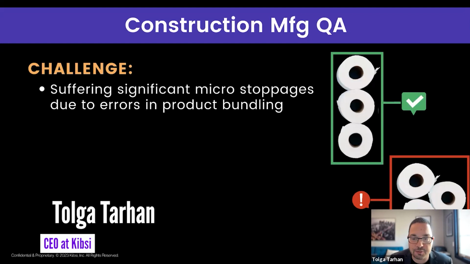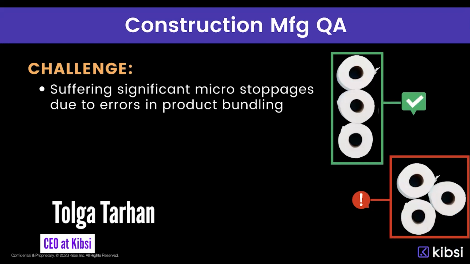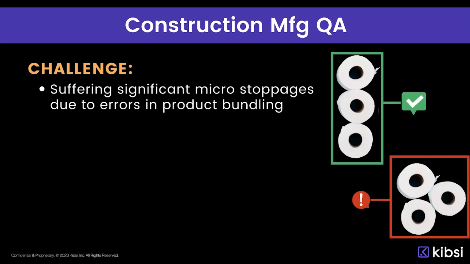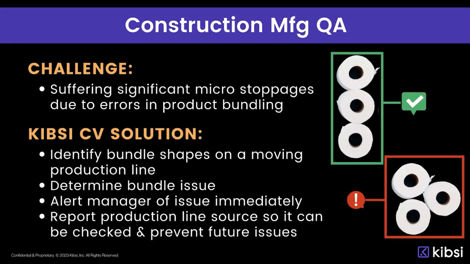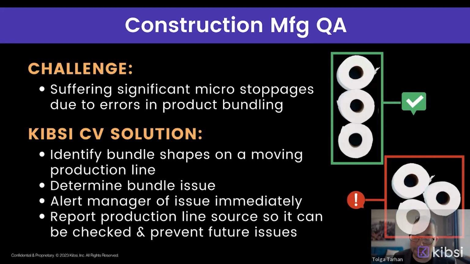But imagine if the machine that does that work sometimes bundles them incorrectly, too tightly, and they fold in on themselves and become this triangle shape. That problem causes the line to stop because that bundle will get jammed somewhere along the way, and then other bundles jam up behind it, and it's just a catastrophe. You've got to catch it quickly and get this thing off the line before it becomes a problem.